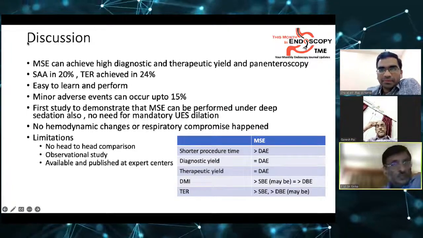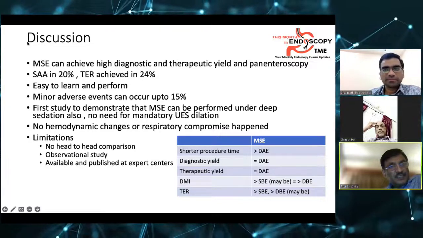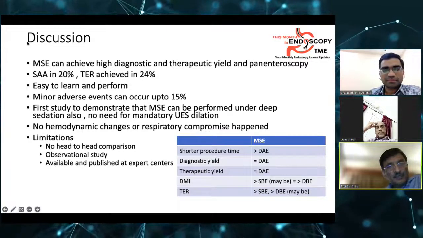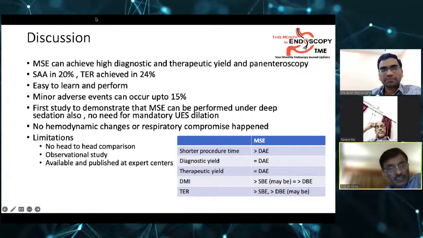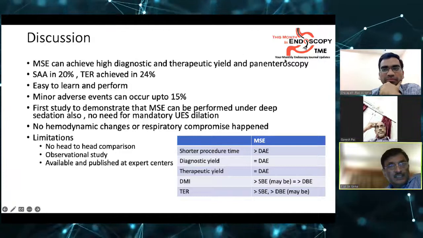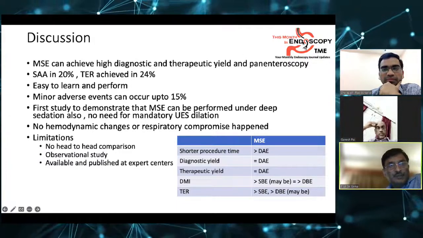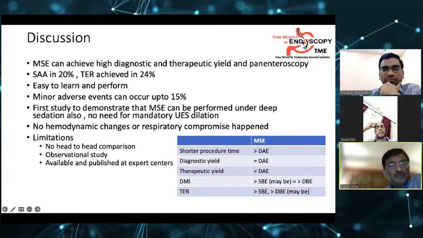To me, the most important part appeared to be the procedure in surgically altered anatomy. The completion rate they said was 24%. But what about the rest of the patients? What happened to other patients with surgically altered anatomy?